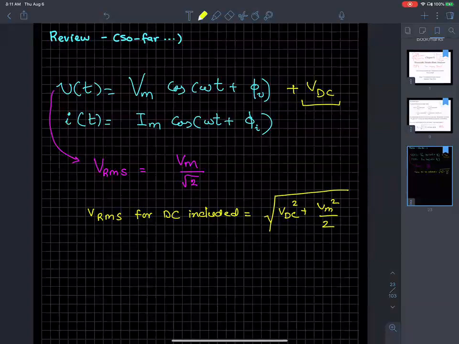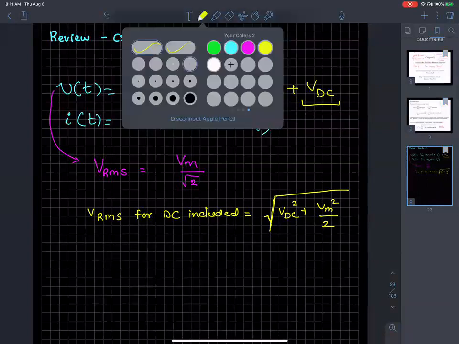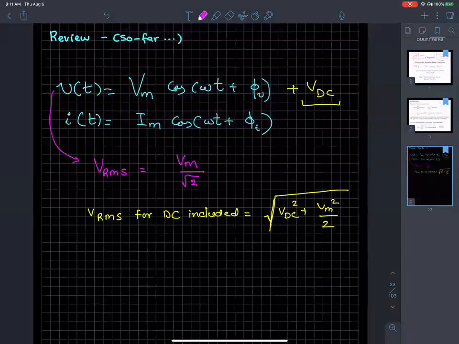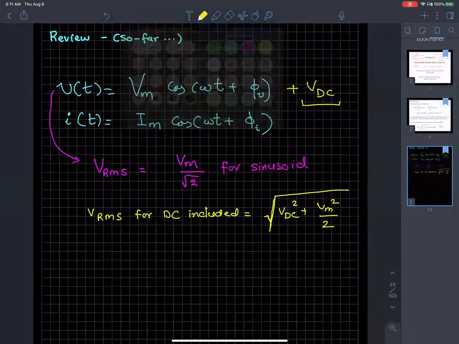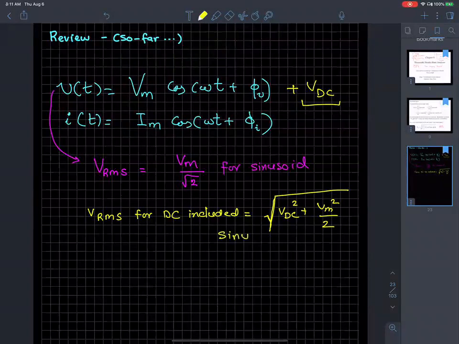So this is one of the things that we discussed in the last class. How do you find the Vrms for a sine wave? Both of these equations are valid only when your signal is a sine wave, or more generally, sinusoid waves, with some DC component.